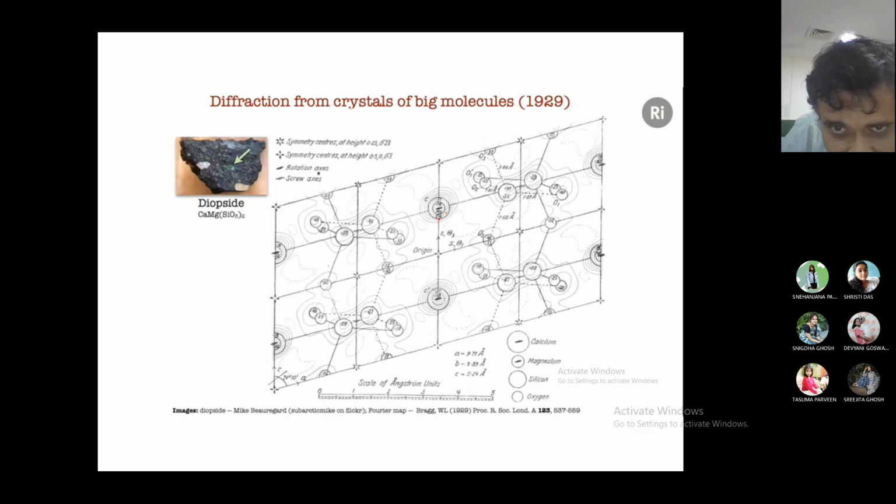There are two arrows over there, both calcium and magnesium present at this location. And then these are the silicon, oxygen. So like this, by solving the electron density map first, we can fit in the components of the crystal and get the three-dimensional structure of the crystal solved.